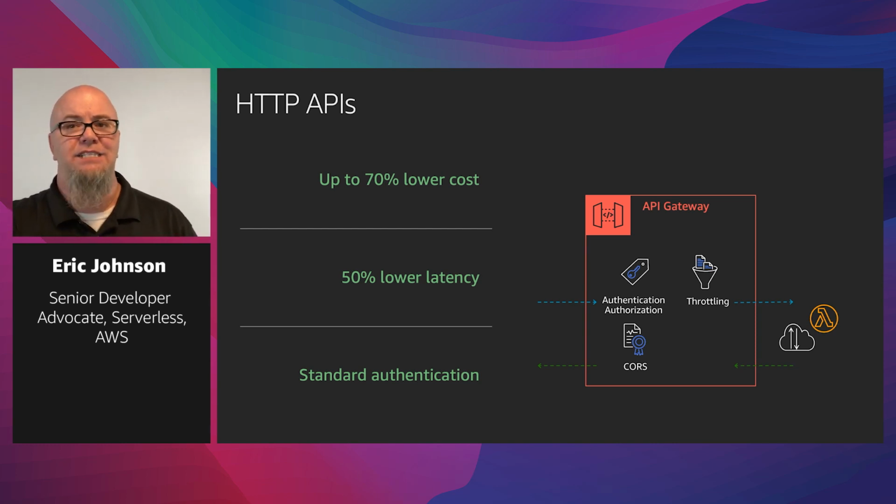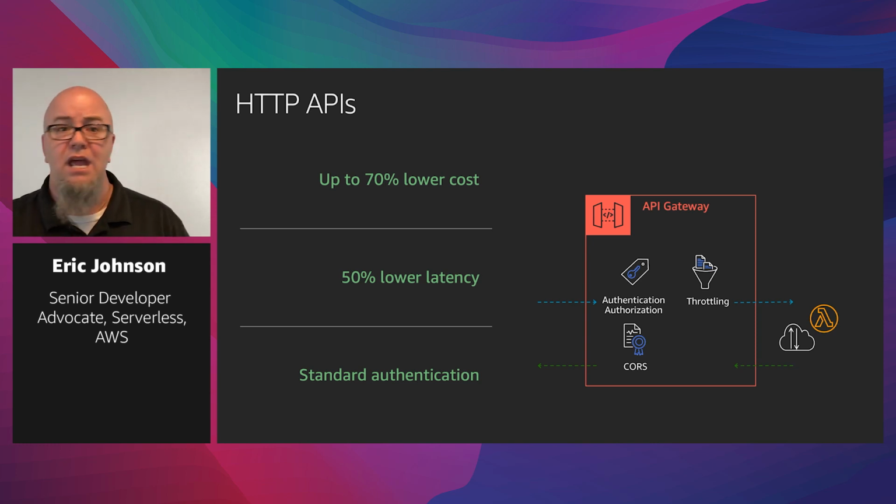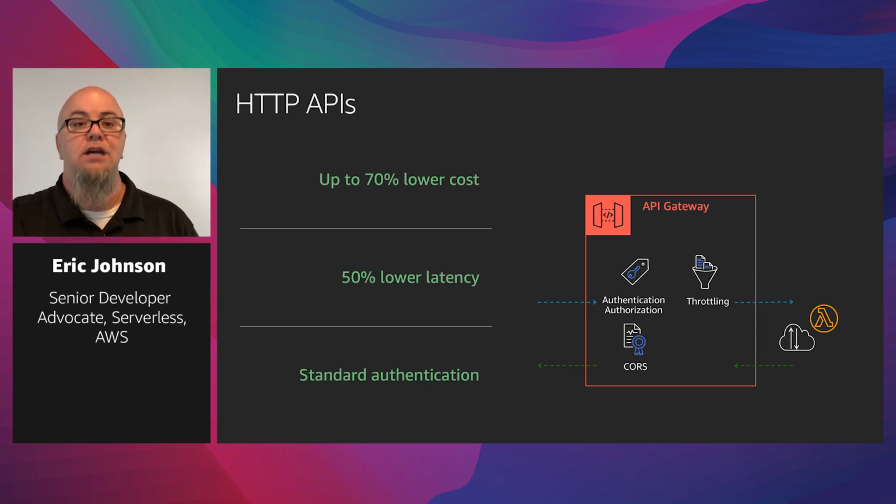The benefits are that it's 70% lower cost, 50% lower latency, and it's easier to use by far. It offers features like throttling, OIDC and OAuth 2 authentication and things like that. And we are working to make feature parity between REST API and HTTP API so that you can continue to take advantage of the features and benefits through HTTP API.